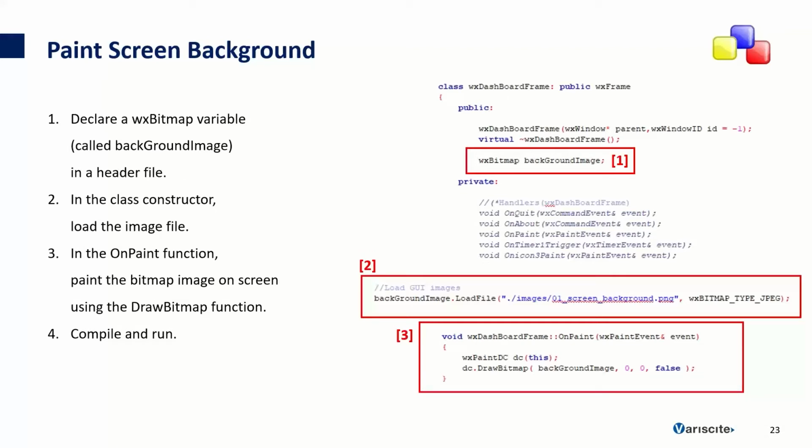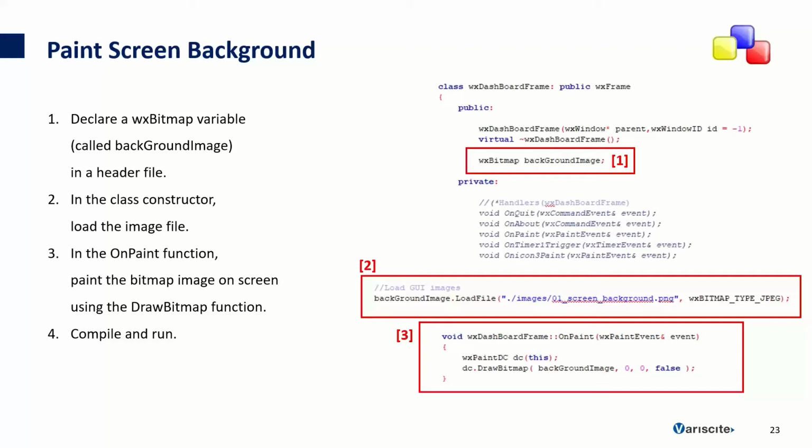a structure in the C code that will allow us to introduce our own on-paint handler. And in the on-paint handler, we will call the device context with the method draw bitmap. To the draw bitmap, we will pass the image that we want to render.